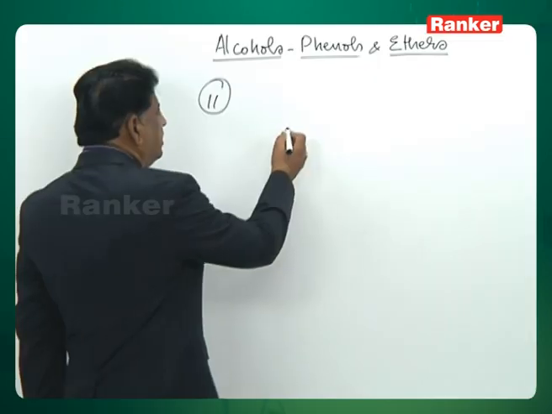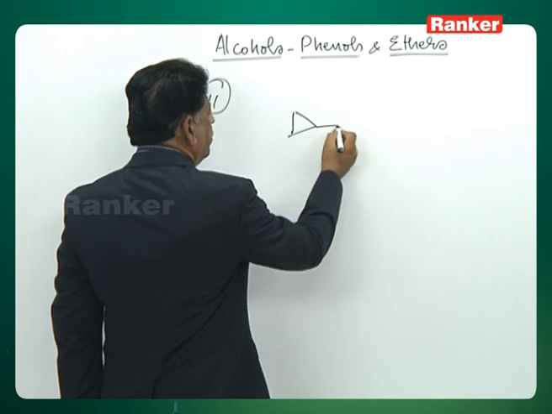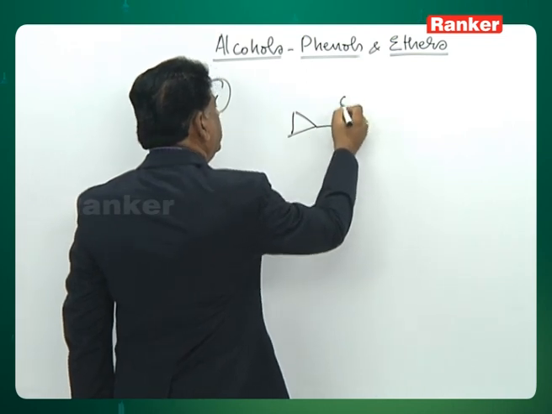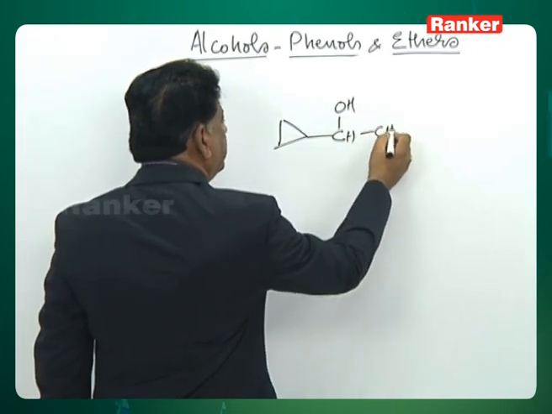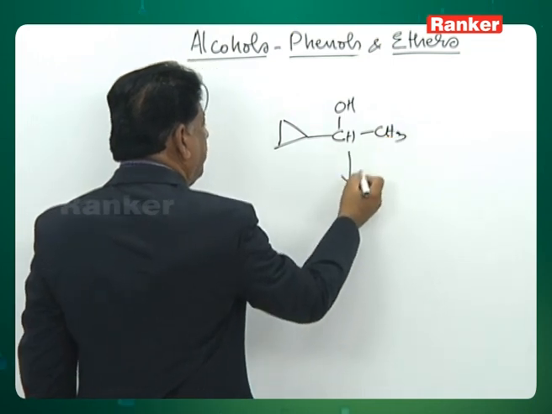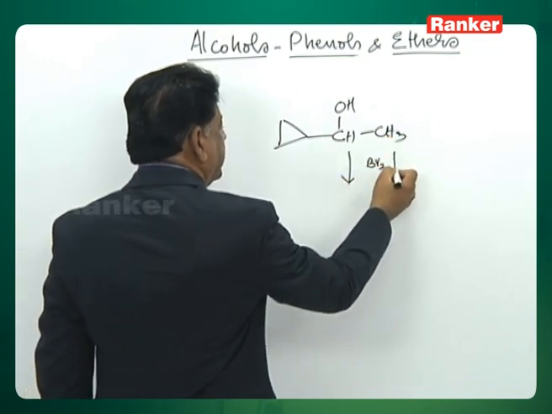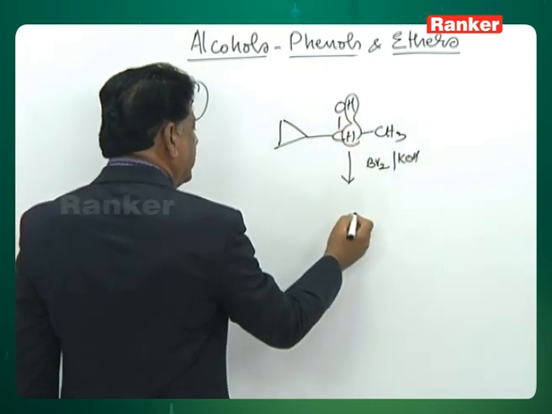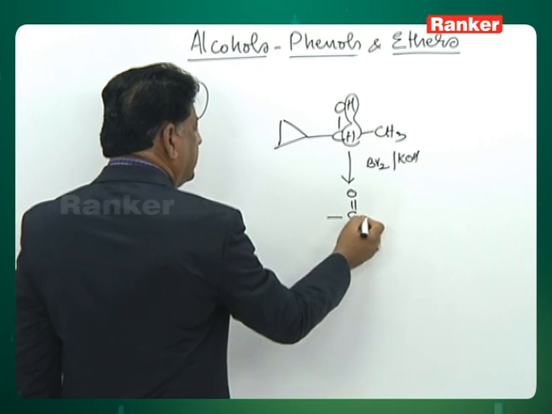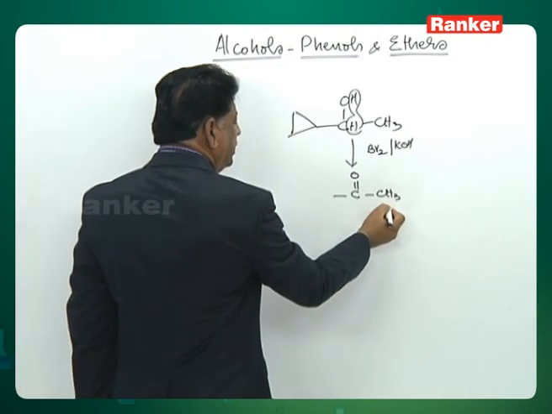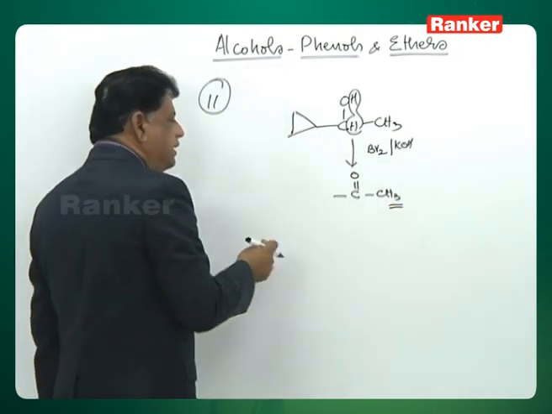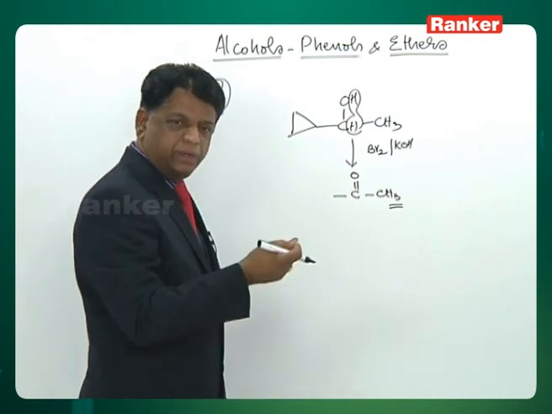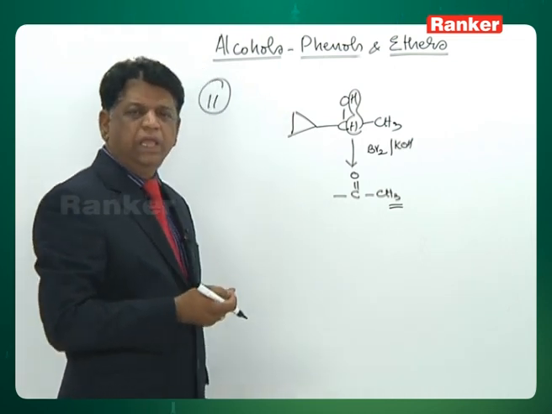Only B undergoes the reaction, wherein we have a cyclopropyl group attached to the 2 degree alcohol with CH3, which on bromine and KOH undergoes an oxidation reaction, and you will get a ketone with the methyl. All the methyls are hyperconjugable, and then subsequently it undergoes halogenation and then the oxidation.